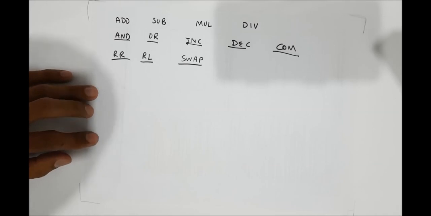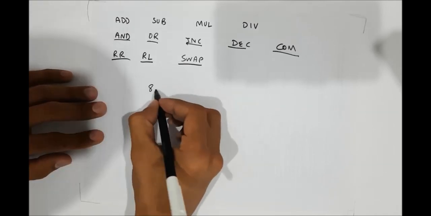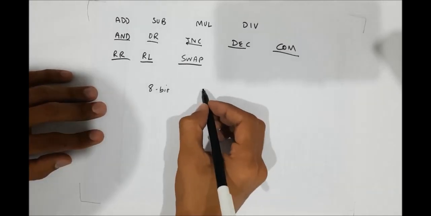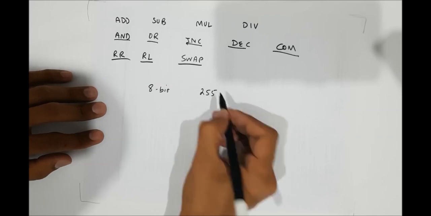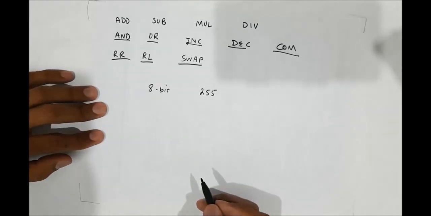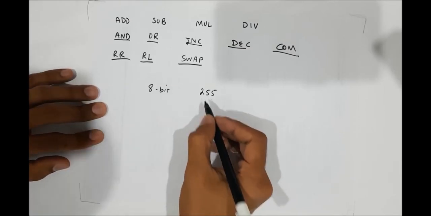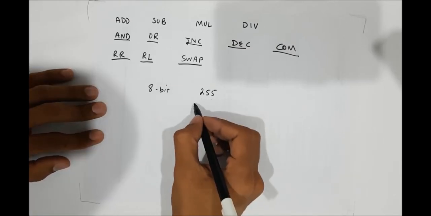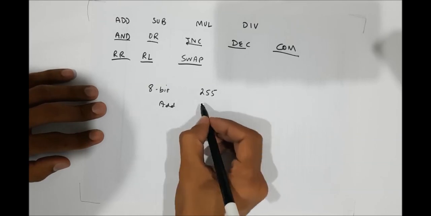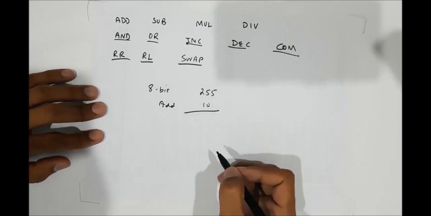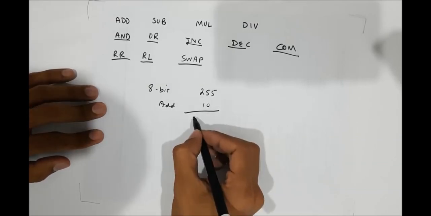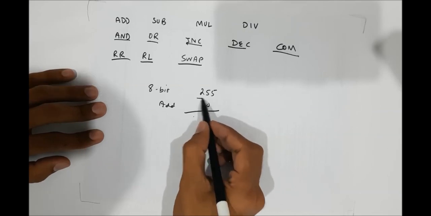For example, in an 8-bit microcontroller, we already know that we can count up to 255 inside a single register. What if we already have 255 inside a register and we add 10 to that? What will happen? It will overflow. The register will overflow.